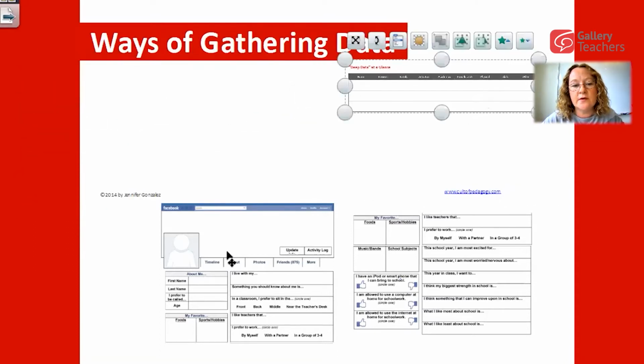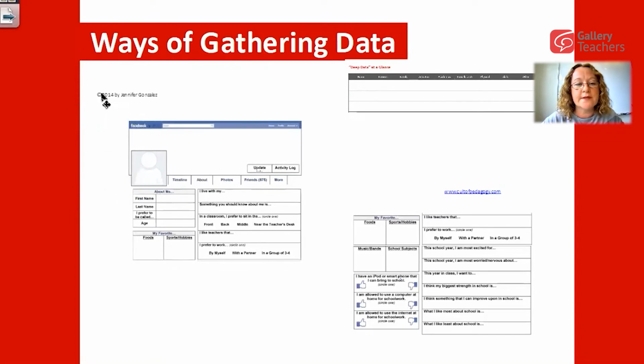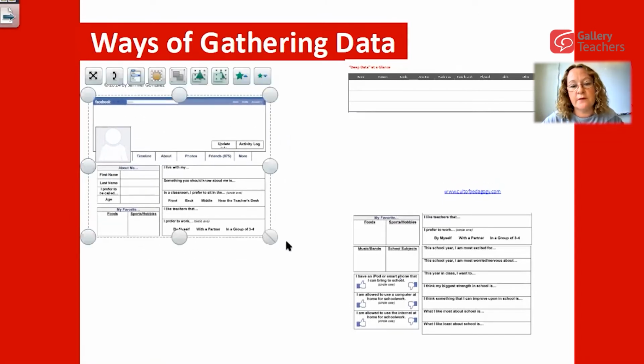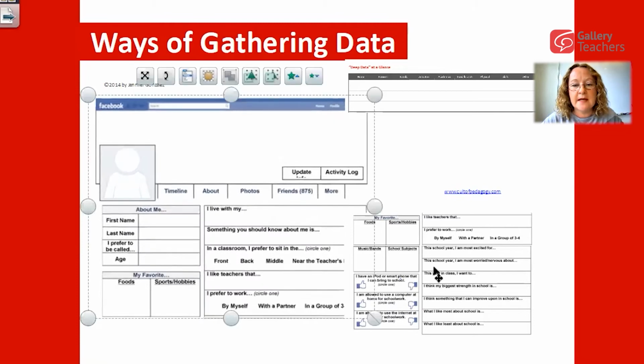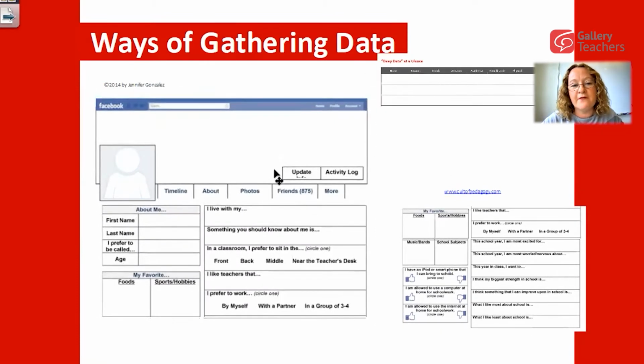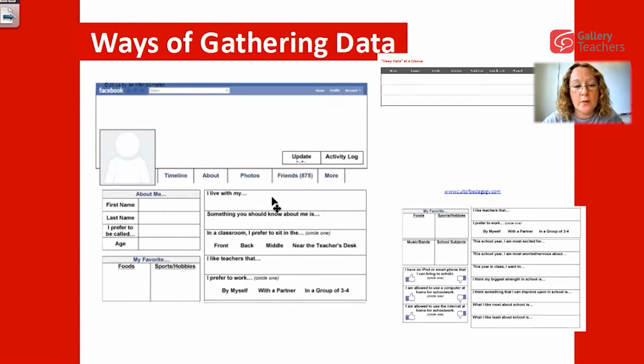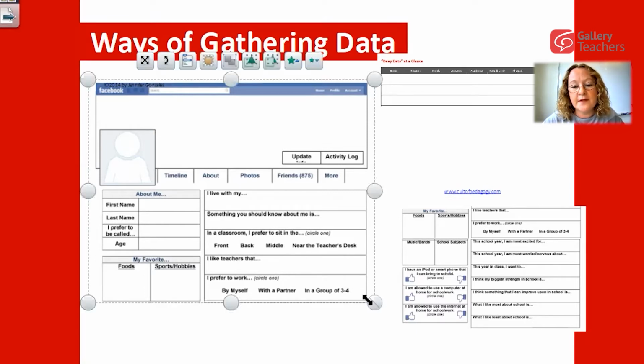Now, you can also use questionnaires and forms, such as this one, and you can find lots of this kind of thing on the internet. This is obviously a mock-up of a Facebook, sometimes known as a fakebook page. And here, this would be for a younger learner, asking the learner themselves to fill in a form. Something you should know about me is where they might like to sit in a classroom if you're not teaching online, some different preferences.